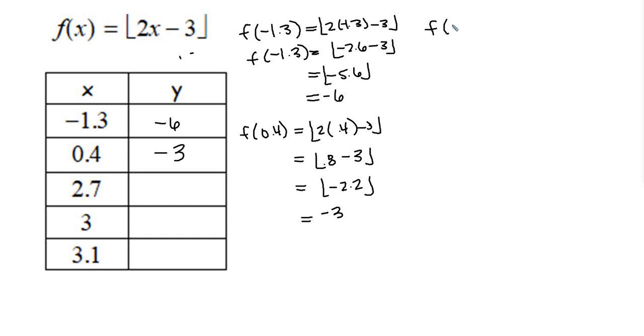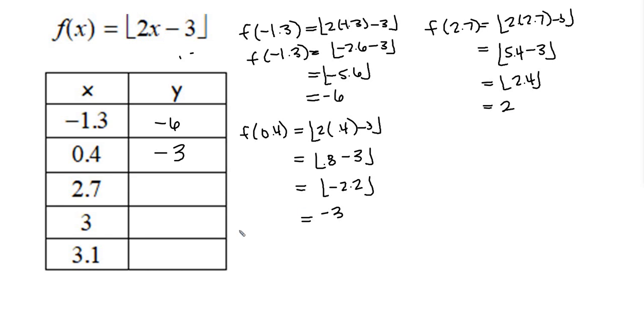Then we have f of 2.7. So I have 2 times 2.7 minus 3. So I have 5.4 minus 3 is the greatest integer of 2.4, and the greatest integer of 2.4 is 2. Then I have f of 3.